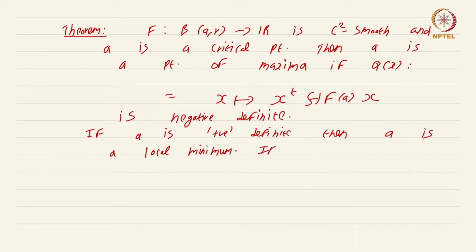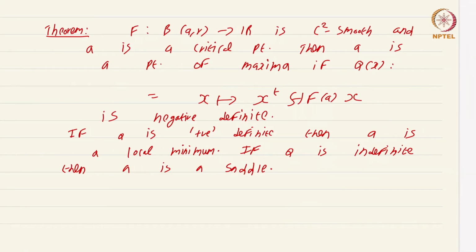If Q is indefinite, then no prizes here for you, then A is a saddle. Okay, so we are going to prove this. Most of the proof is already done in the discussion above. Let's just finish up the details.